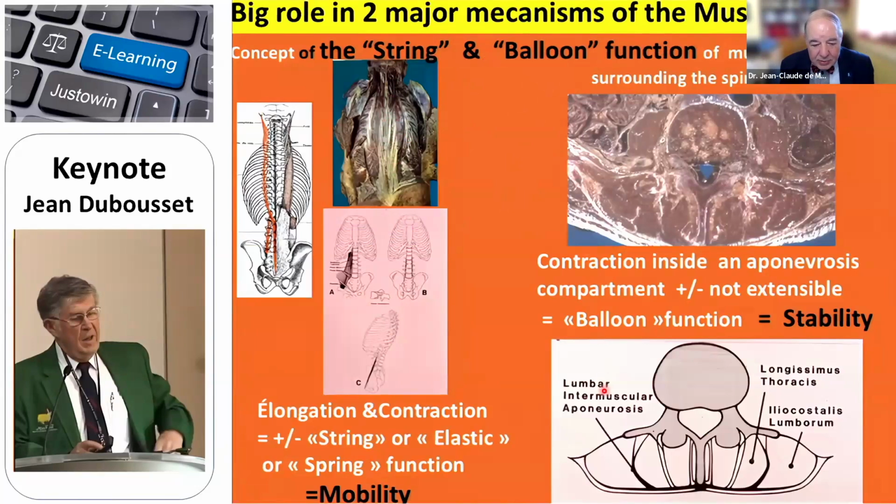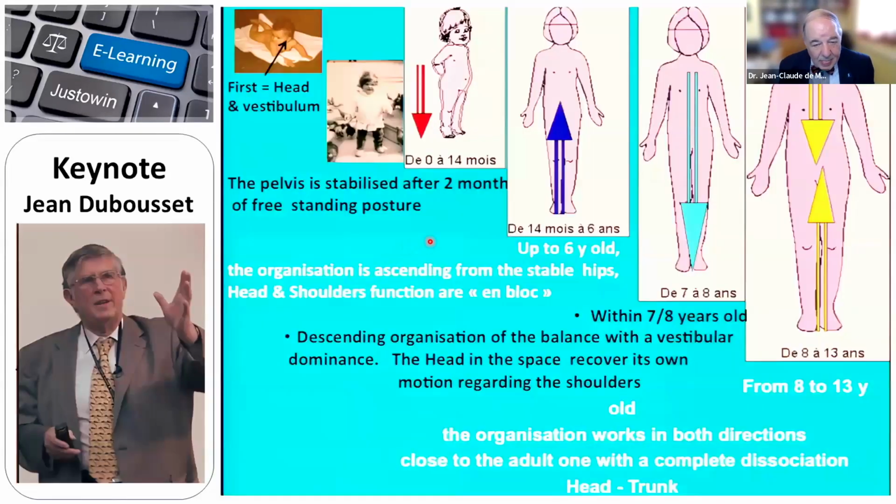You have a balloon of function, stability, and mobility. So this was very important, and also even if we don't develop the concept of SSOL, you remember the asymmetrical structure at L4 level, but it's exactly the same.